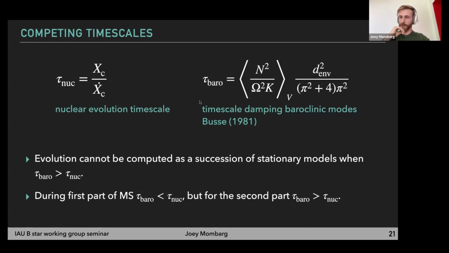From these full 2D models, we see that this is not always the case. For this star, at the first part of the main sequence, this timescale is smaller, but at the end it becomes in fact larger. This teaches us that we should do full 2D stellar evolution and not just a succession of these stationary models.